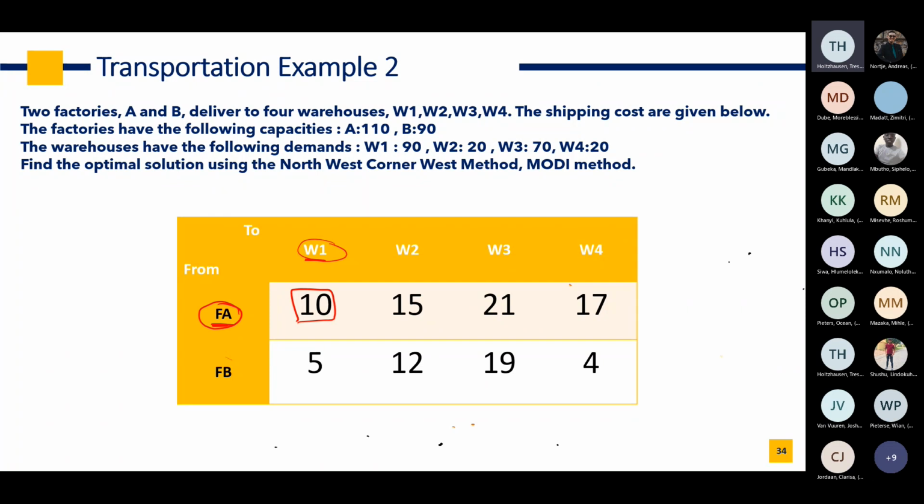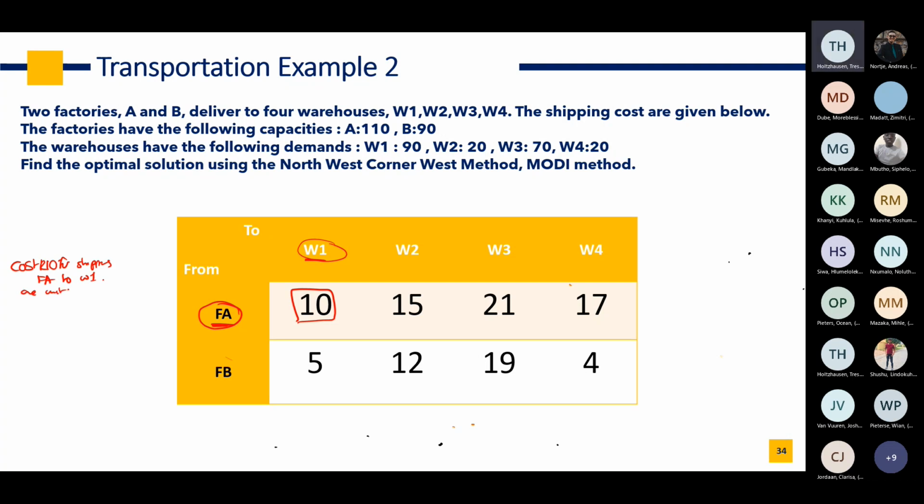So they'll give you a table that is the shipping cost, and let's just call it 10 rand for shipping from factory A to warehouse 1 unit.